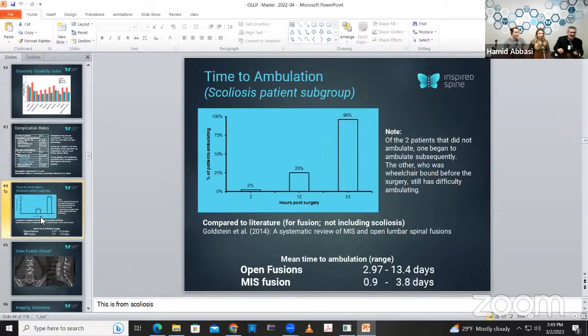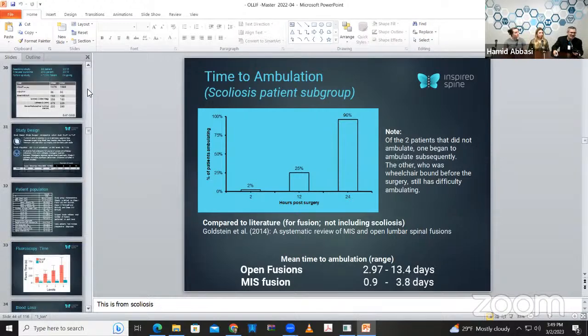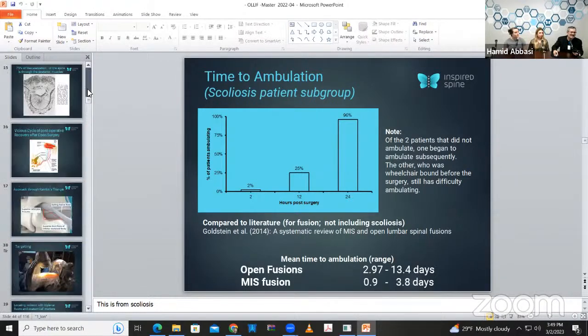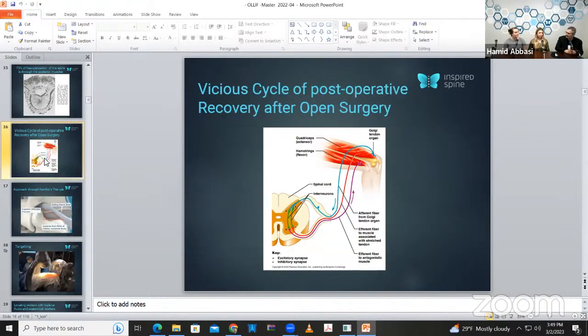In comparison, after open regular surgery, less than 5 to 10% of the patients ambulate within the first 48 hours. So we just flipped that. And the reason we flipped that is as simple as this slide here. They don't have to deal with that.